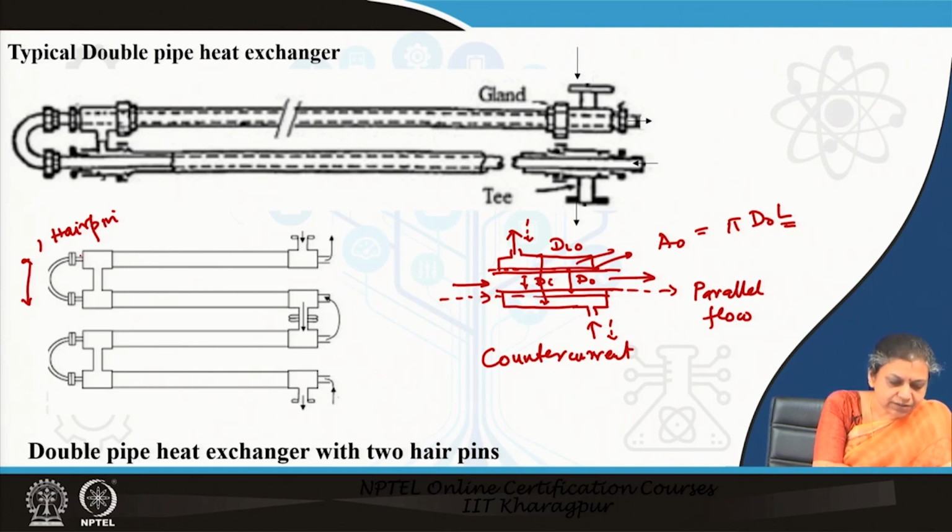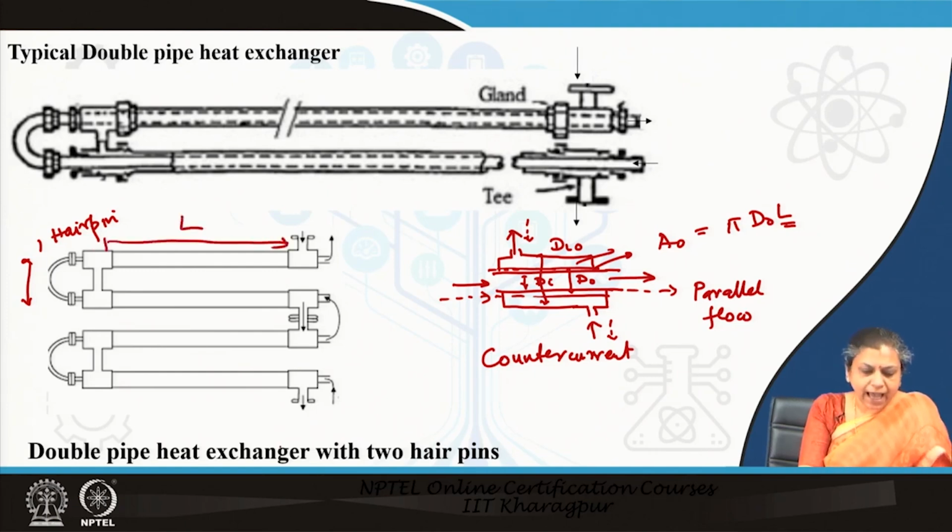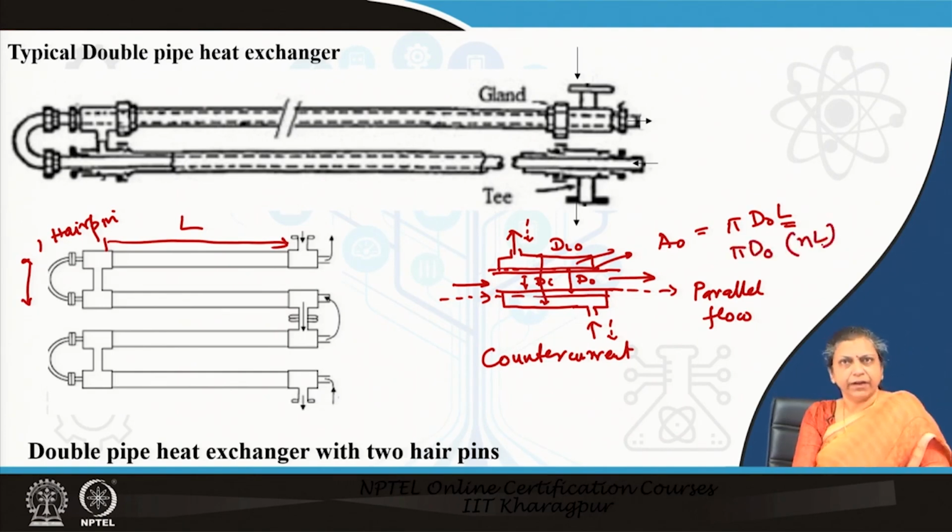Under this condition, no heat transfer occurs in the return bend, and therefore the heat transfer length per straight length is given by this length L. The total length is then the number of turns times L, so in this case AO becomes pi dO into NL. This is the simplest arrangement that we can have.